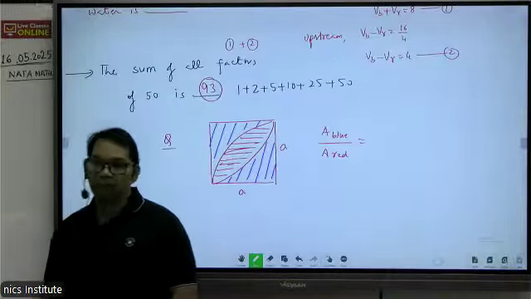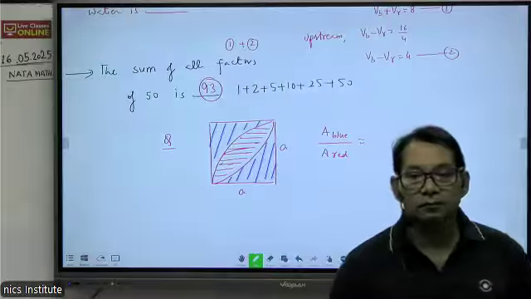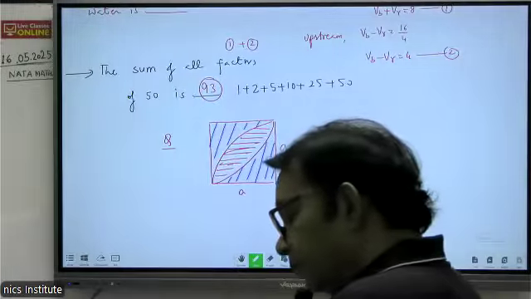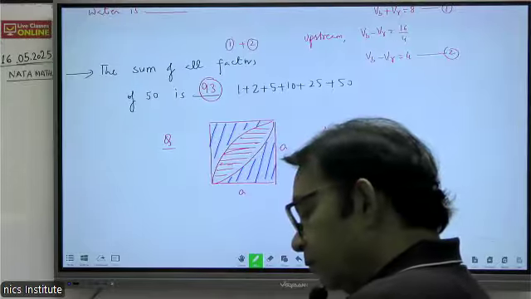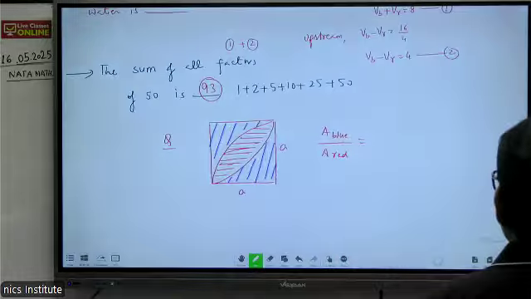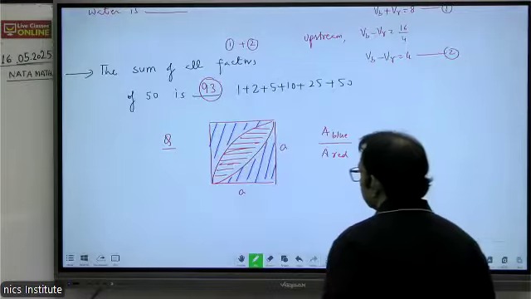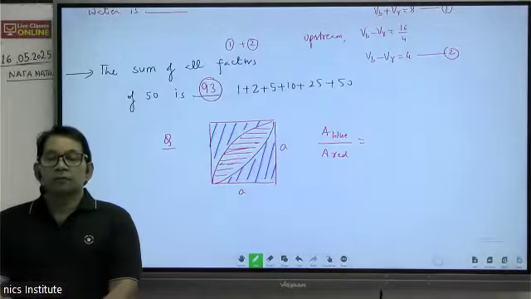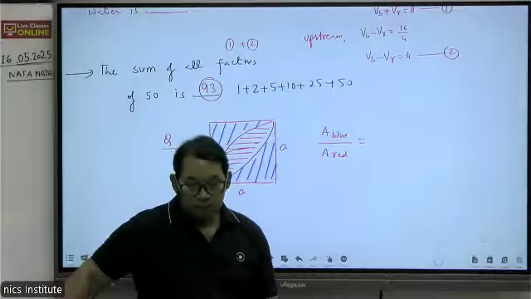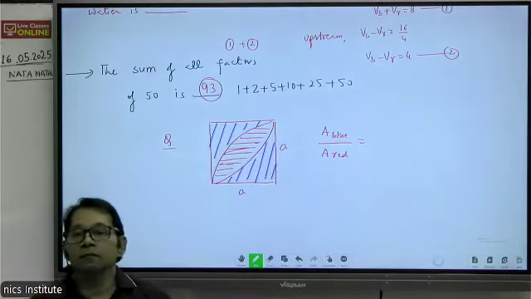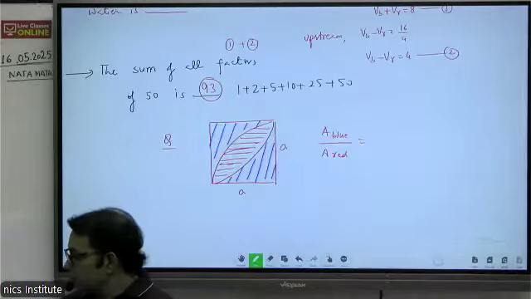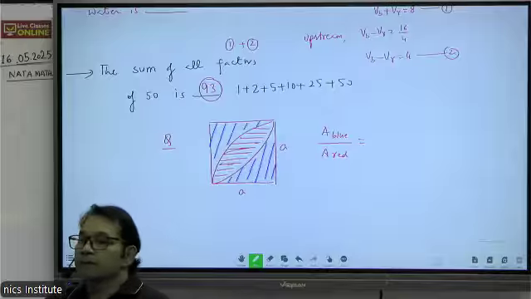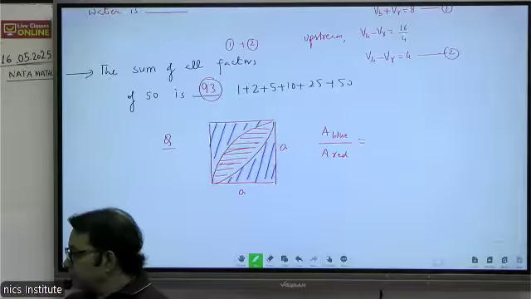Area of blue to red. So 3/4. Yes, sir, 3/4.